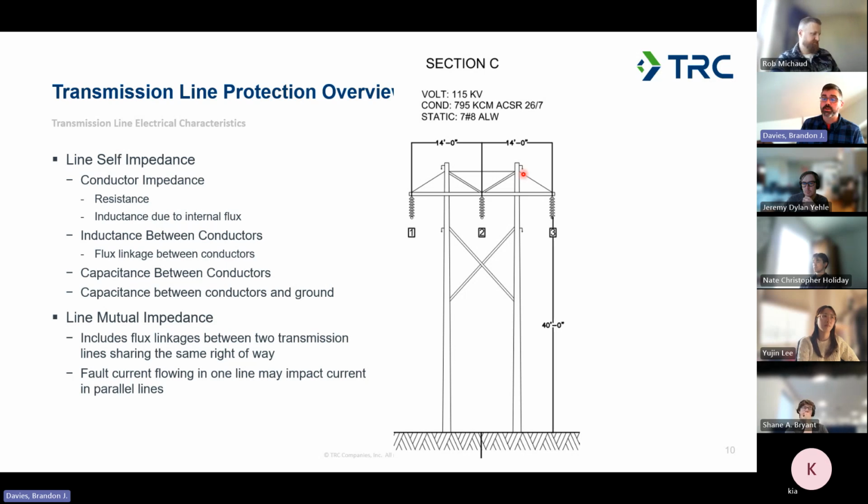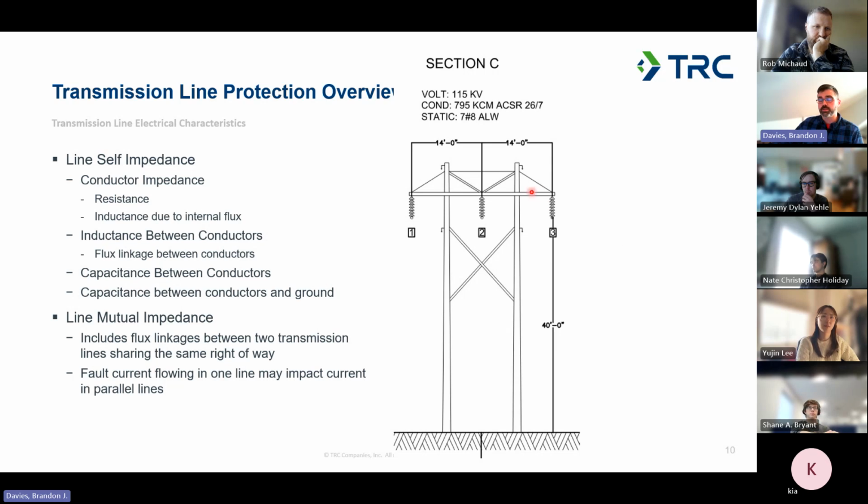So, if you actually look at the real detailed way of modeling this, the impedance of each conductor, even though they're following the same path, may not be equal, because you've got unequal relationships between all of these inductance and capacitance pairs. You can also have mutual coupling impacts.